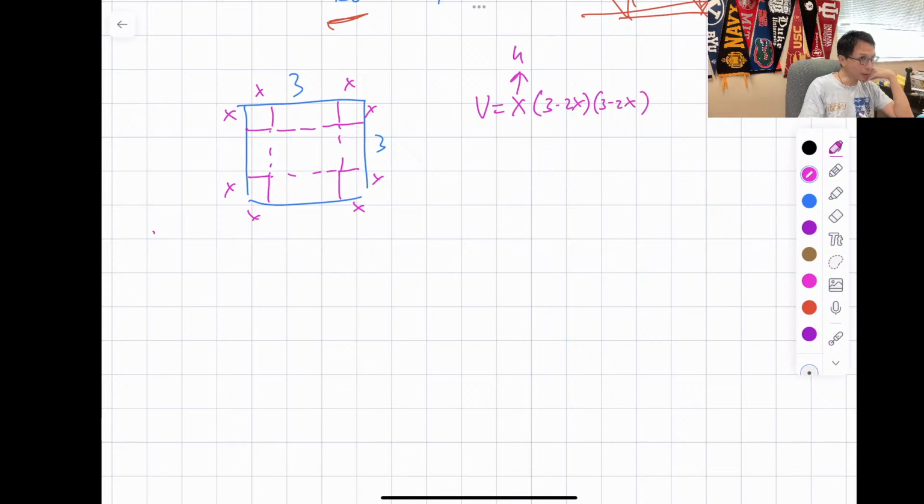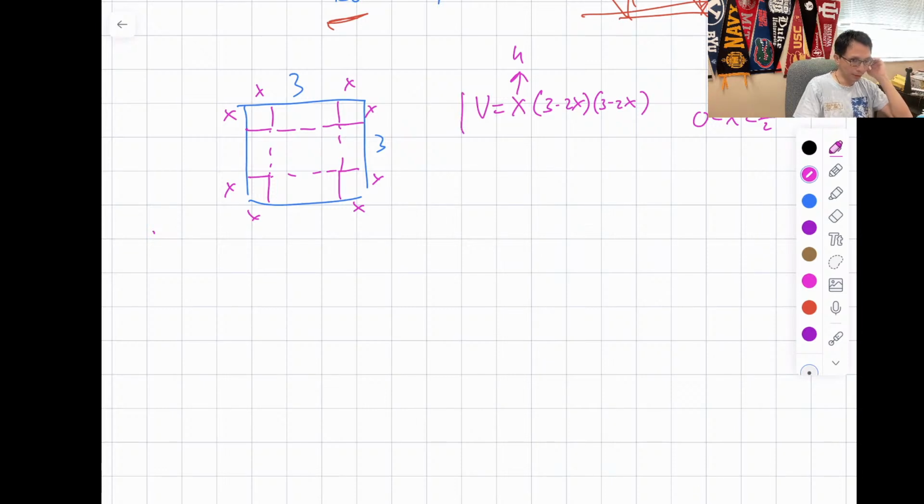By the way, there is a physical domain in this case. The physical domain is x has to be less than 3 over 2, because you cannot cut more than 3 over 2. Then you multiply together, take a derivative, and find out what it is. I'm going to finish this problem because you should be able to finish that.